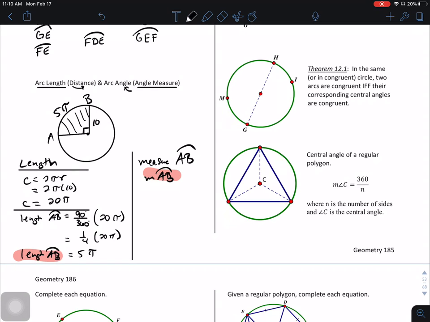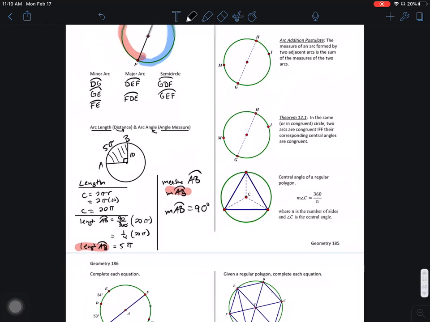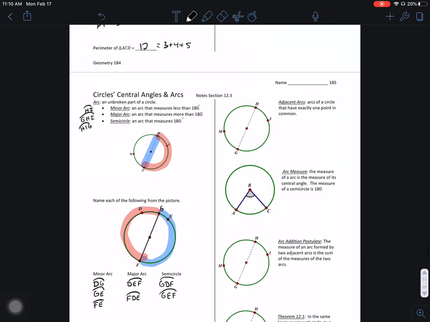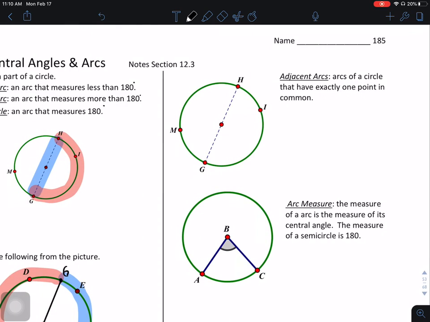And we're going to learn this here shortly, but the angle measure of an arc is the same as its central angle. So the measure of arc AB is 90 degrees. Arc length is a linear measurement. Arc measure is in degrees.